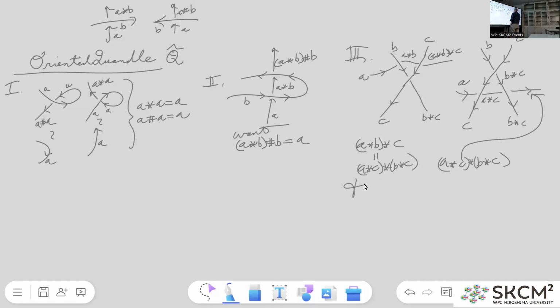And I will write A sharp B sharp C is equal to A sharp C, B sharp C.